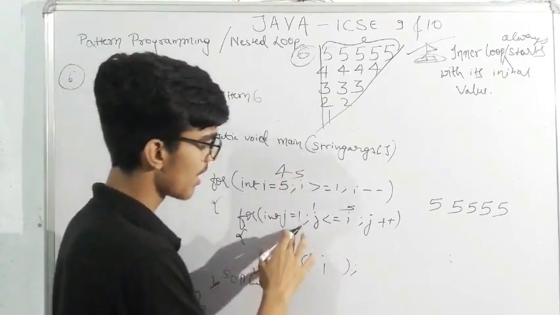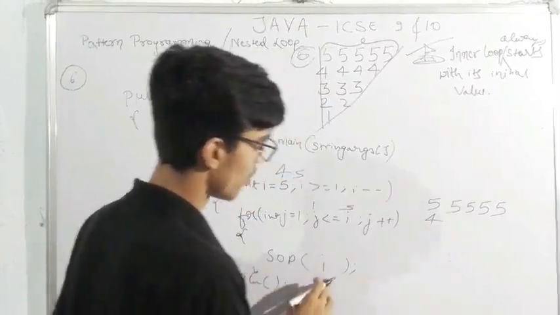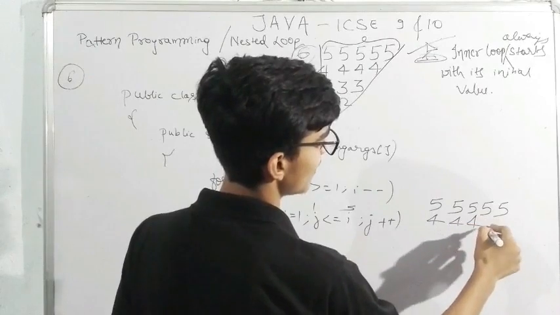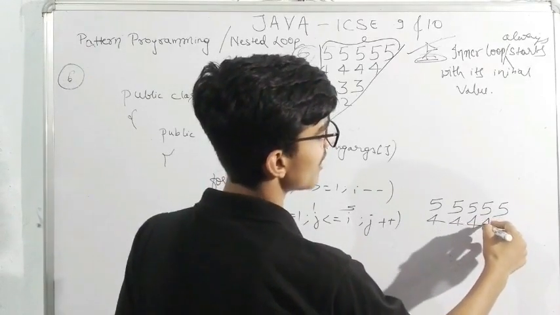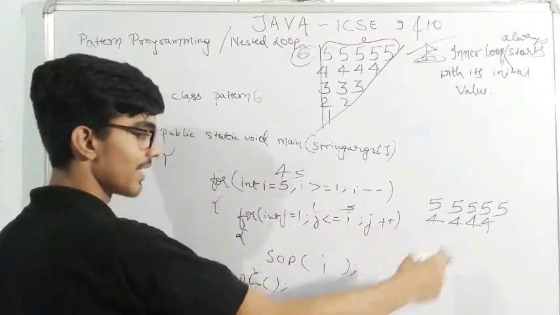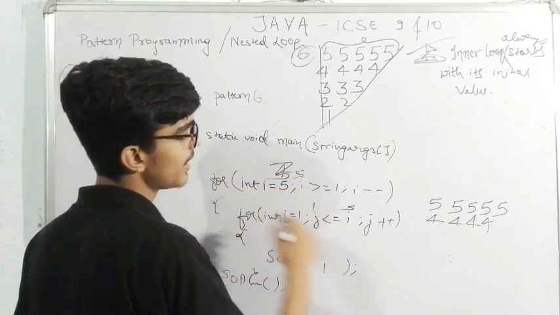So now j is 1. 1 is less than 4. Yes, we'll print 4. 2 is less than 4. Yes. 3 is less than 4. Yes. 4 is not less than but equal to 4. Yes. True. So we'll write 4 till here. After this it will become 3.